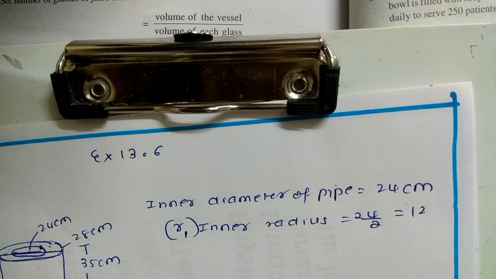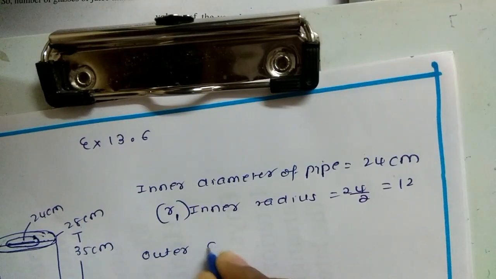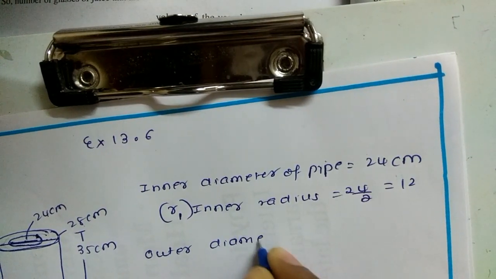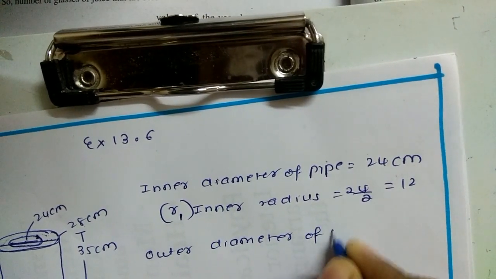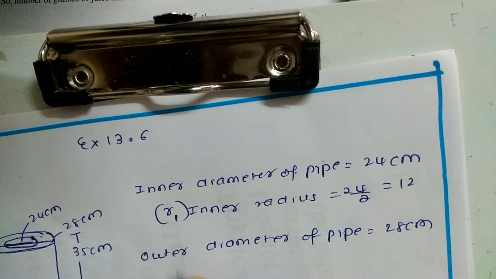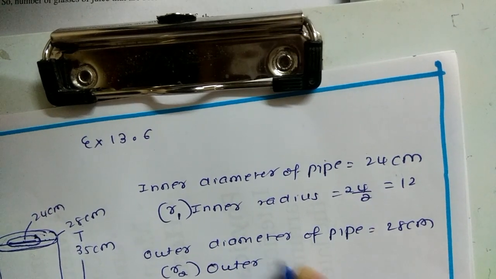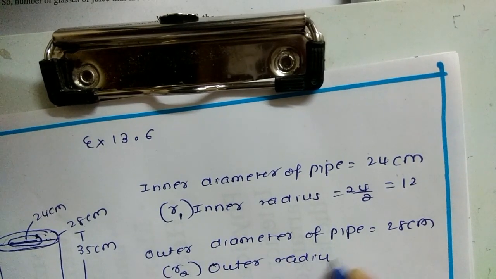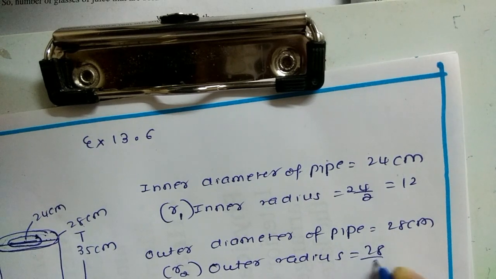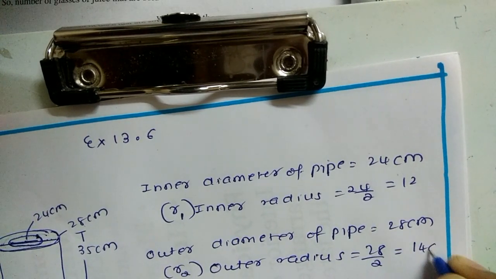Next, the external radius: the outer diameter of the pipe is given, it is 28 centimeter. So r2, let us take as the outer radius, that is 28 divided by 2, so that is 14 centimeter.